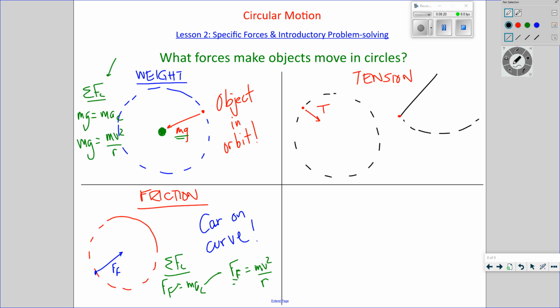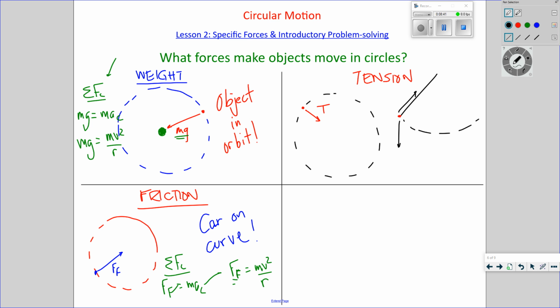You're going to have mg like this and tension like this. mg will always be the same size and always point straight down. Tension actually won't always be the same size, but it will always point toward the center. Now that's a little bit of a different situation because there's some more complex problem solving to do there.